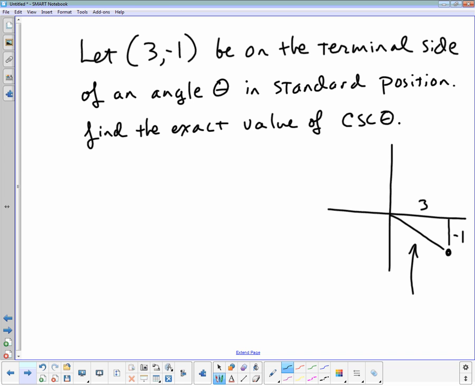Pythagorean theorem. It's 3.16 and change.